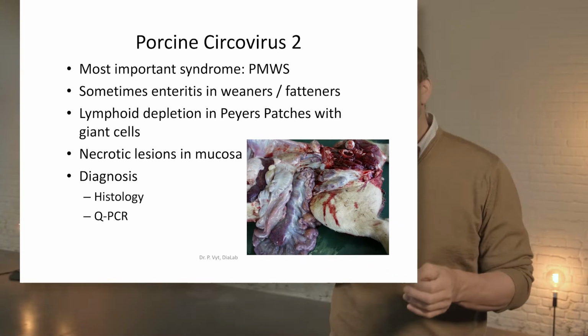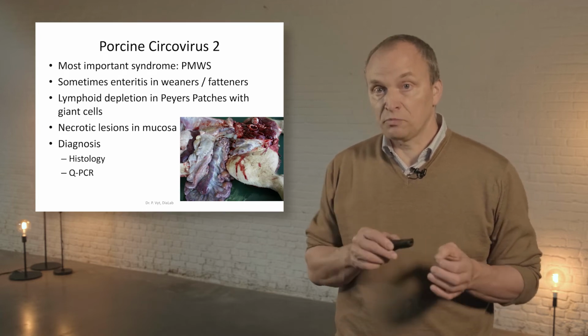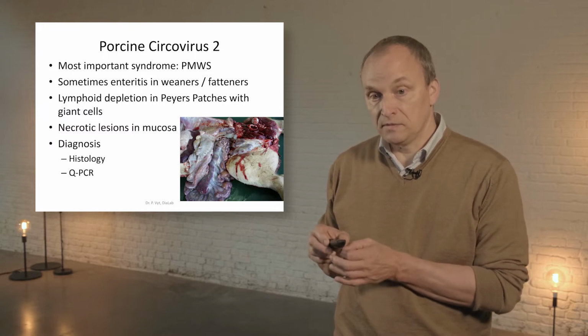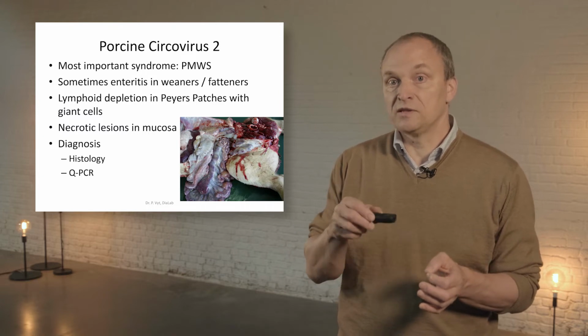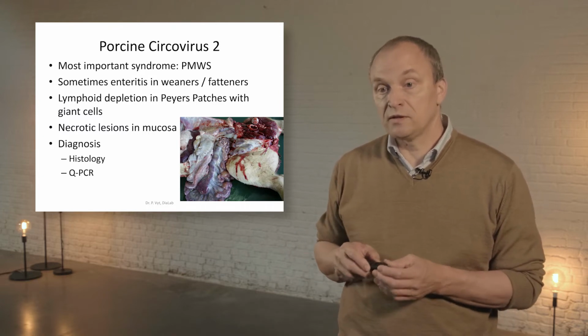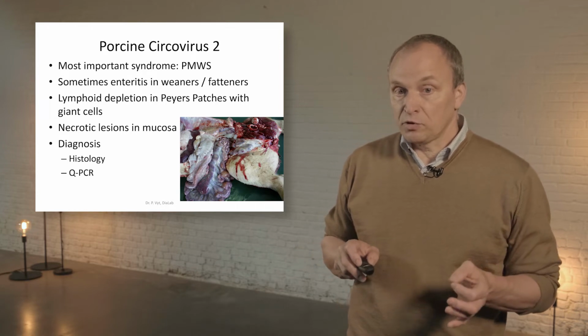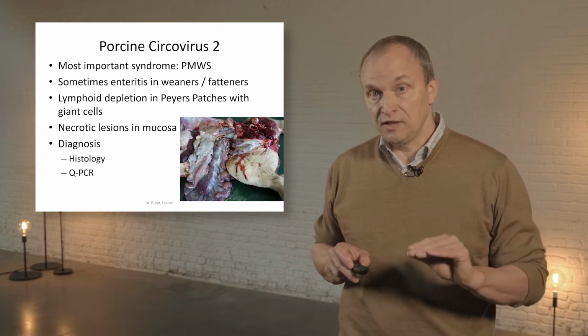We can diagnose PCV2 by determining the copy number of viruses within the lesions, or we can look at histological lesions, seeing depletion within the lymph nodes. So, most important for viral enteritis are the viruses which shorten the villi.